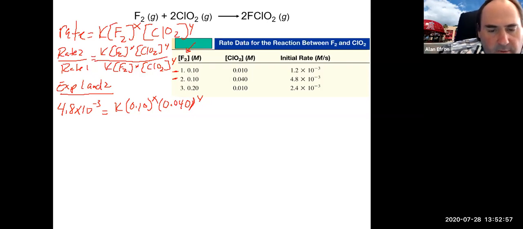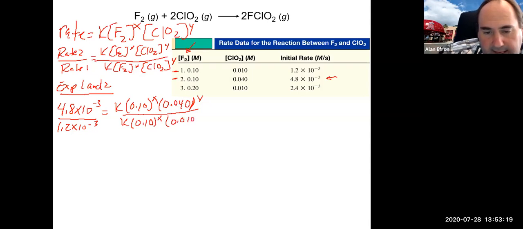Everything I wrote here came from entry number 2 in the table. I'm then going to divide by entry number 1 in the table. That would give me 1.2 times 10 to the minus 3, equals K, 0.1 to the X, and 0.01 to the Y.